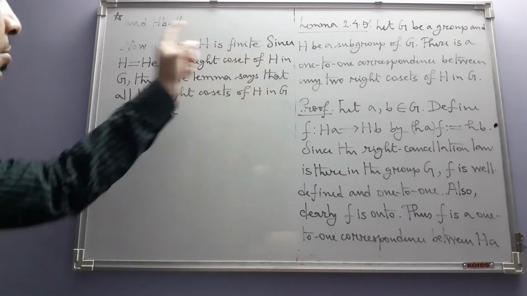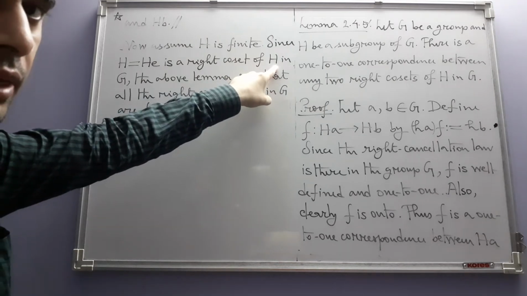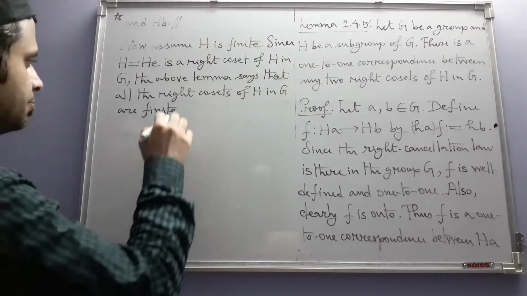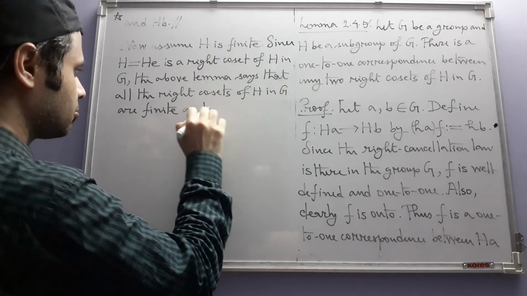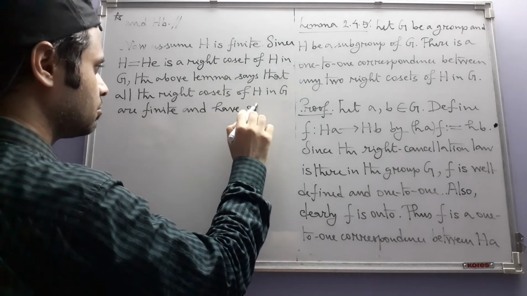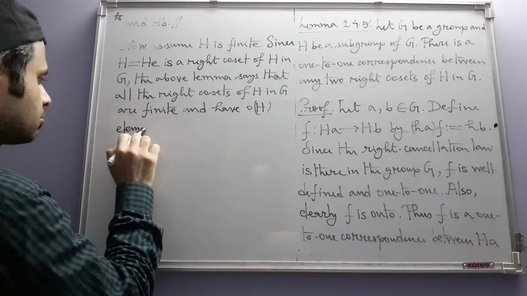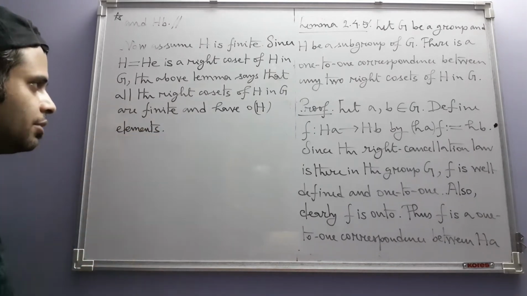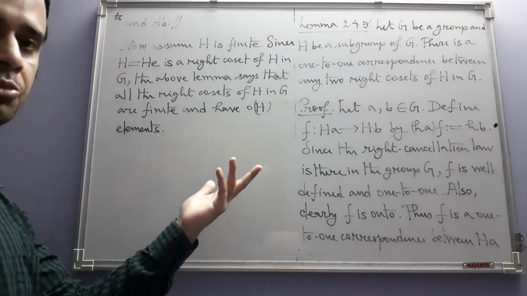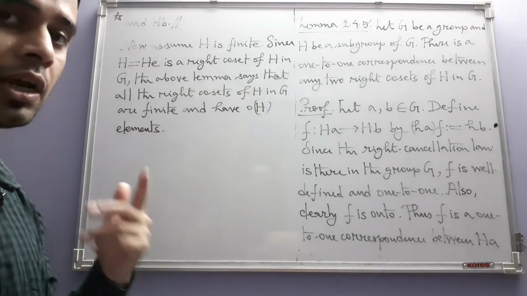Because all of them will have a one-to-one correspondence with this particular right coset H. This is finite, so they are also finite. Because we are dealing with finite sets, having a one-to-one correspondence between two such sets means that the sets have the same number of elements.